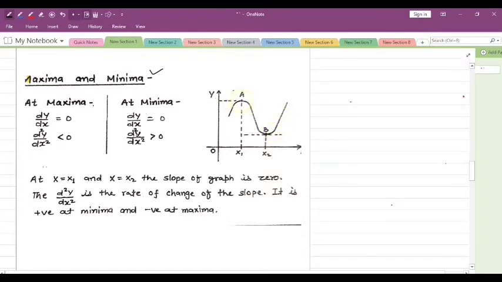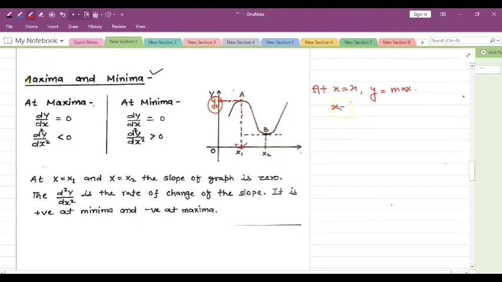You can see that your curve has reached a maximum value at this particular value of x1. I mean to say that at x equal to x1, your y is maximum. Why is it maximum? Because we can see from the graph that at this value of x1, your y has this much value y2, which is the highest value of this graph.